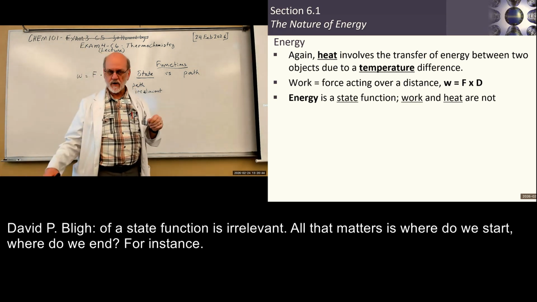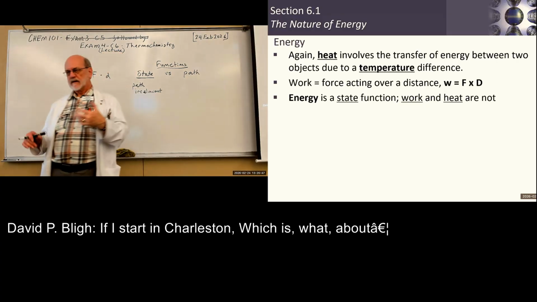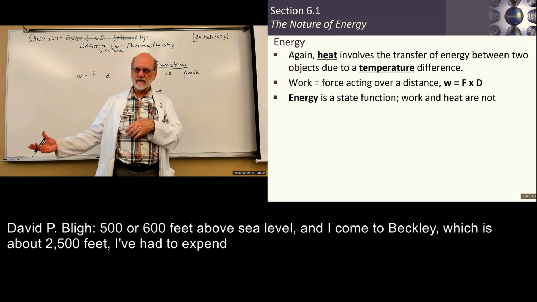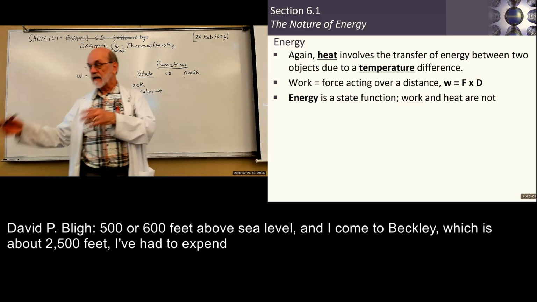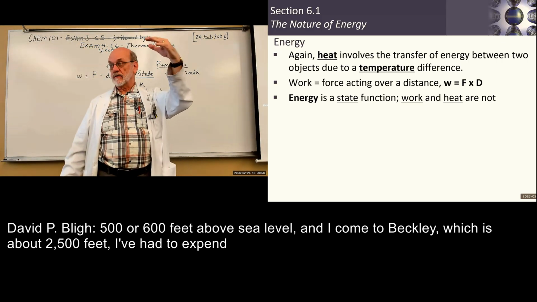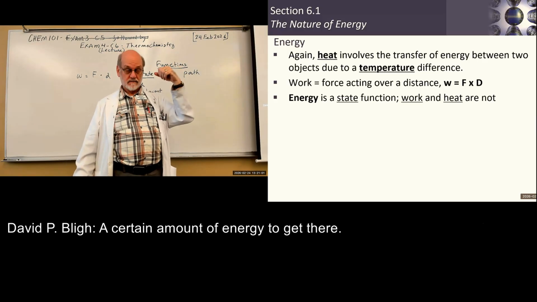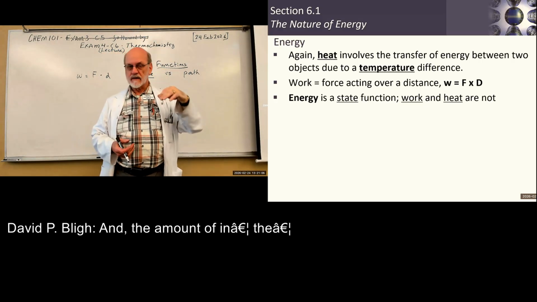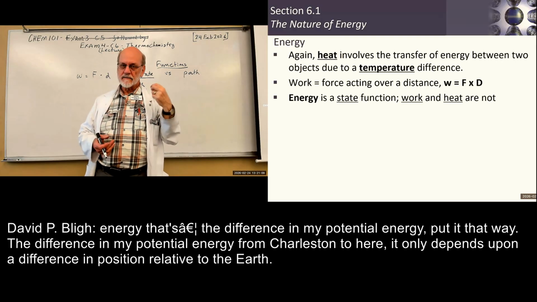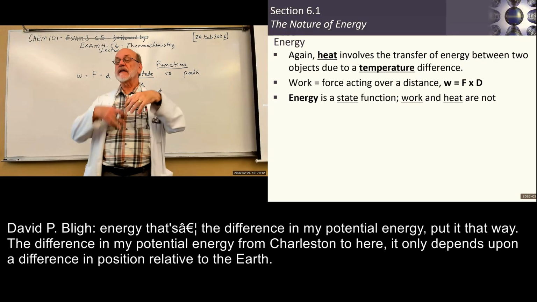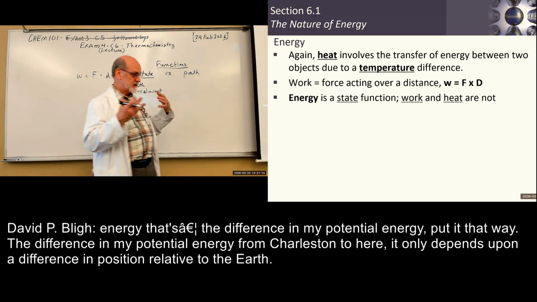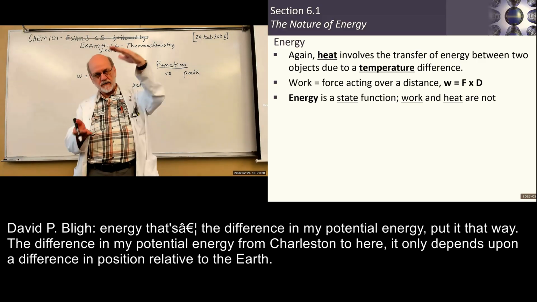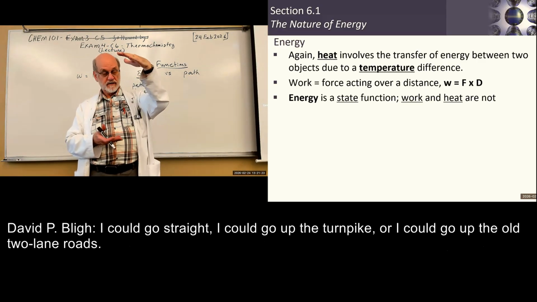Irrelevant. The path that we take in any measurement of a state function is irrelevant. All that matters is where did we start, where did we end. For instance, if I start in Charleston, which is about 500 or 600 feet above sea level, and I come to Beckley, which is about 2,500 feet, I've had to expend a certain amount of energy to get there. That amount of energy is the difference in my potential energy from Charleston to here, and it only depends upon a difference in position relative to the earth.